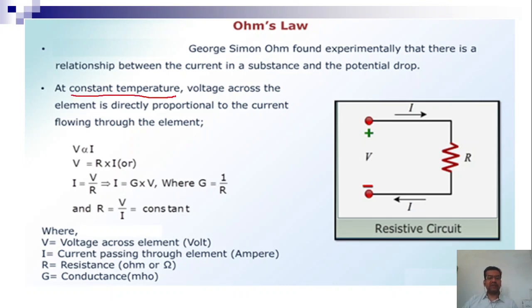George Simon Ohm found experimentally how voltage is related to current in a circuit. The voltage across an element is directly proportional to the current flowing through it, V is directly proportional to I. So I equals V by R, but we need to take constant temperature because resistance varies as the temperature varies.